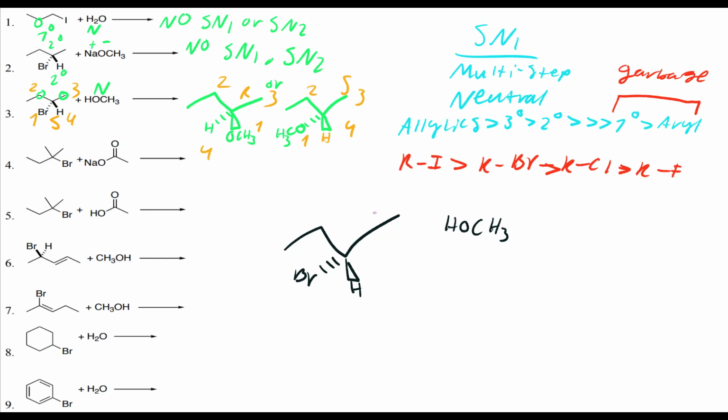So what happens here is that this bond over here breaks because it's very weak. It's going to be more reactive, and it's going to break towards bromine. Okay, so now that's step 1.